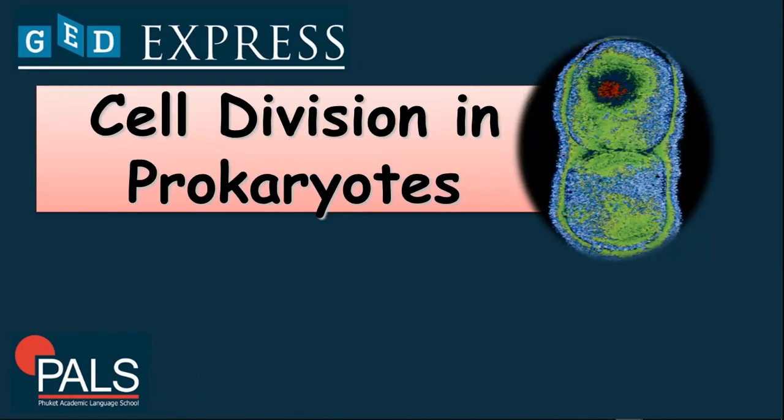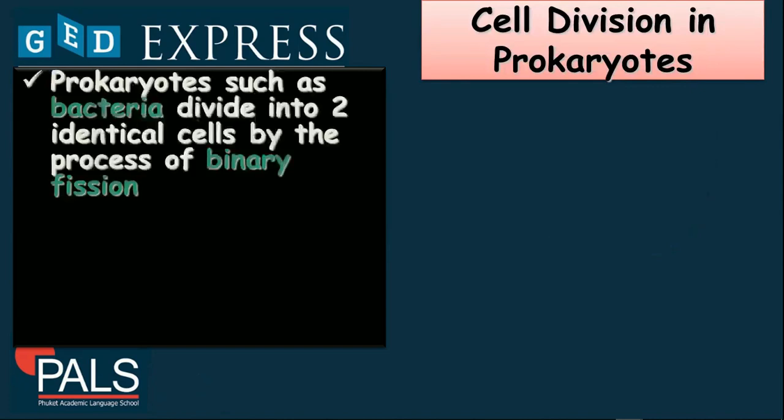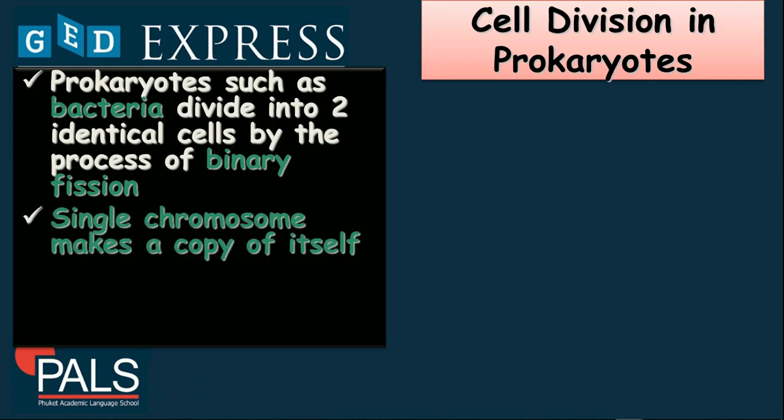Now, for cell division in prokaryotes, we have this one. Prokaryotes such as bacteria divide into two identical cells by the process of binary fission. You should always take note that in cell division for prokaryotic cells, the cells being produced are identical to the parent cell, and a single chromosome makes a copy of itself.